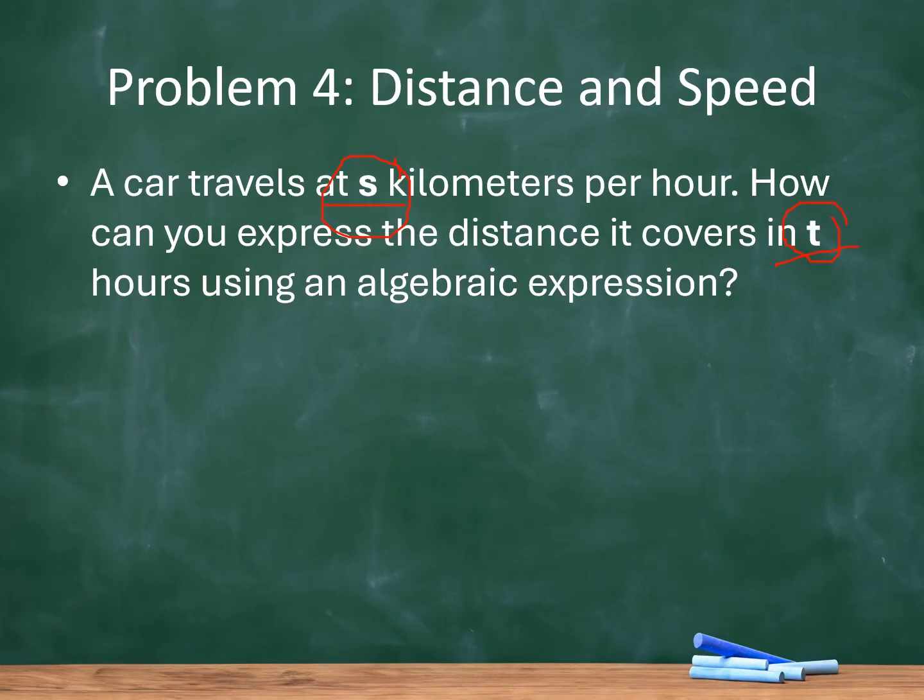So what will be the algebraic expression that would represent the distance the car would cover in a particular number of hours? It's gonna be st, where s refers to the number of kilometers per hour that the car can do, and t refers to the number of hours that the car has traveled.